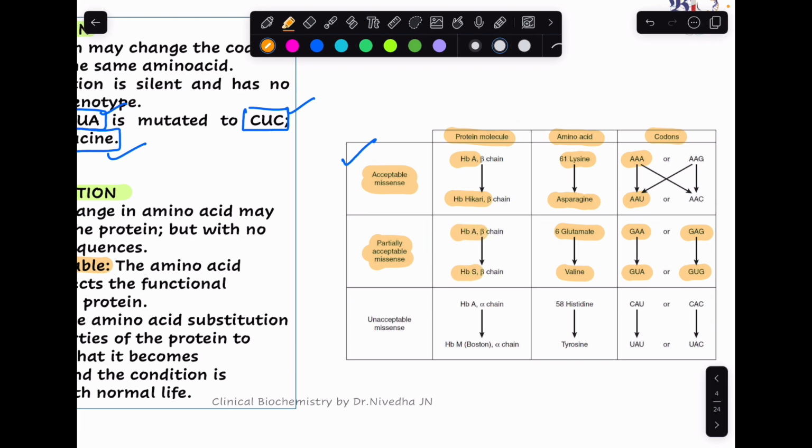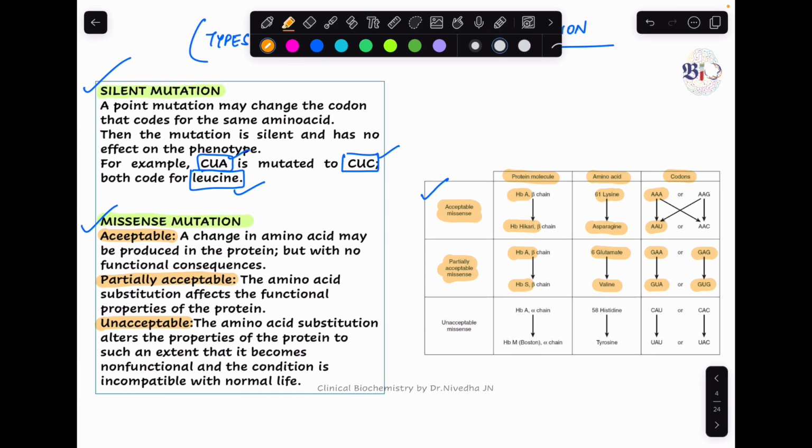Even in this, if it is a sickle cell trait, heterozygous condition, the patient can survive better. In the deoxygenated state only, the patient would get more of sickling crisis. If the patient is oxygenated adequately, then the patient will not have that many symptoms. So it is partially acceptable.